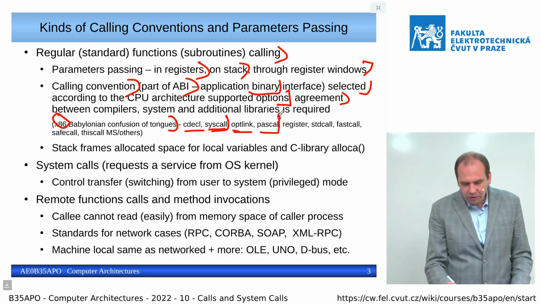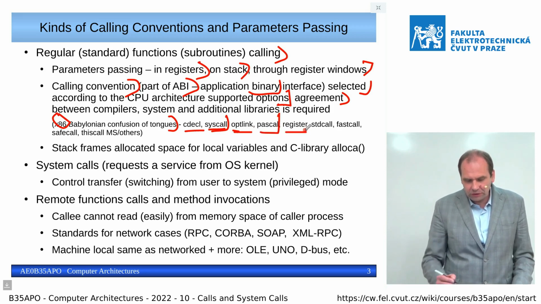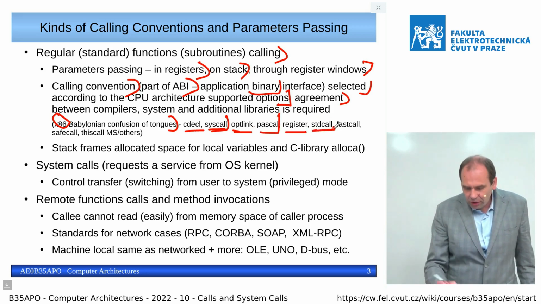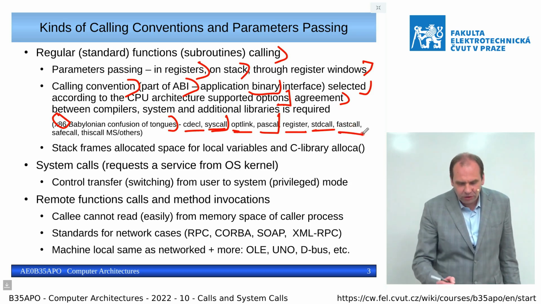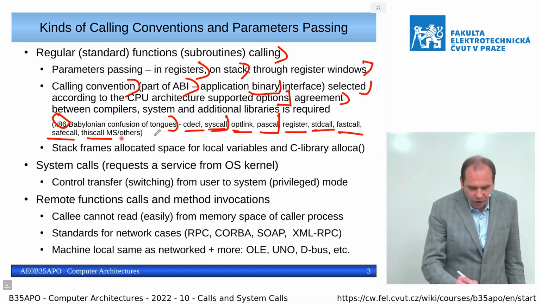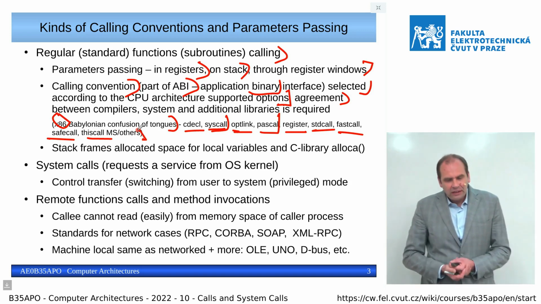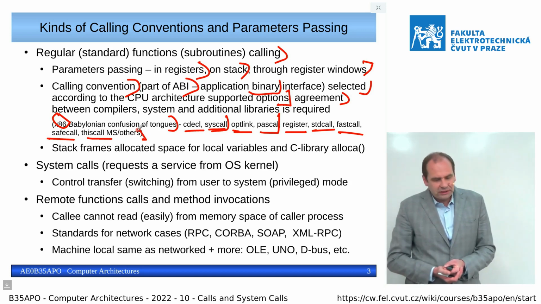Another calling convention is the Pascal language calling convention, fastcall with registers, stdcall to the library, fastcall to speed up the calling, safecall, thiscall. As you can see, x86 and Windows is really critical.